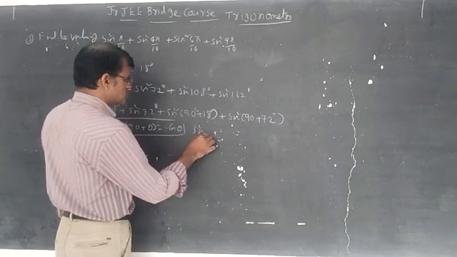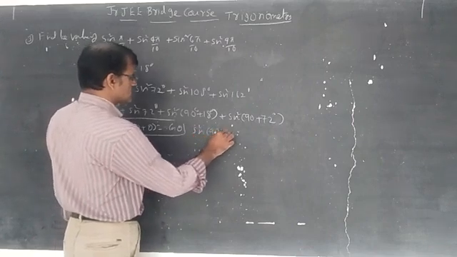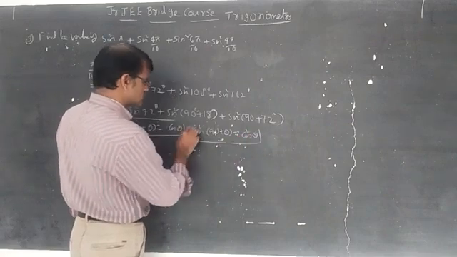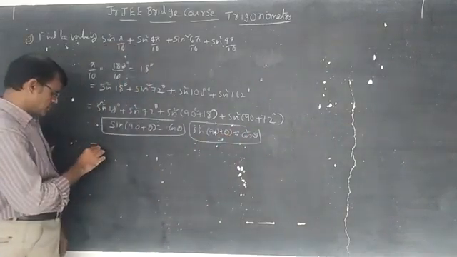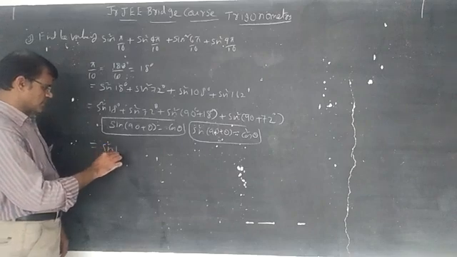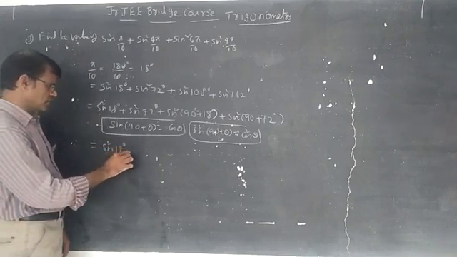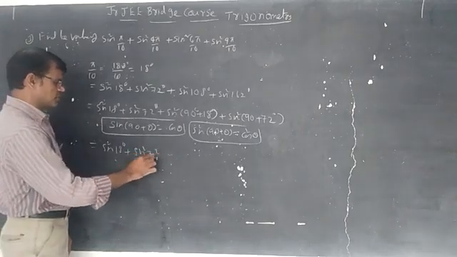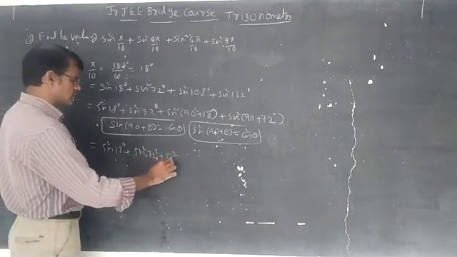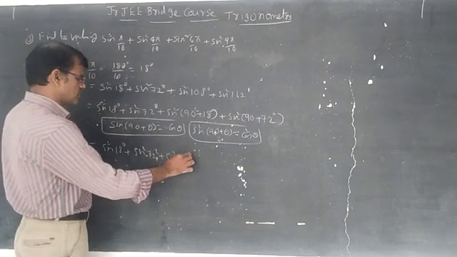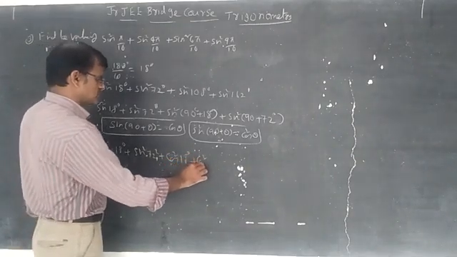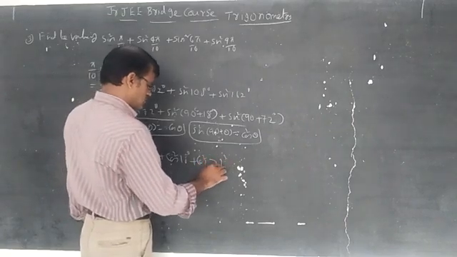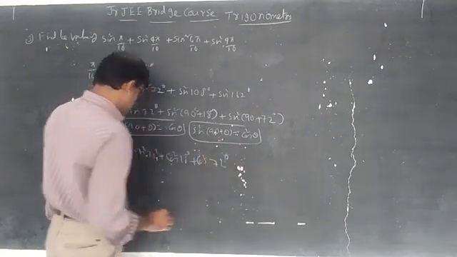So sin square of 90 plus theta becomes cos square theta. That is sin square 18 plus sin square 72 plus cos square 18 plus cos square 72 degrees.